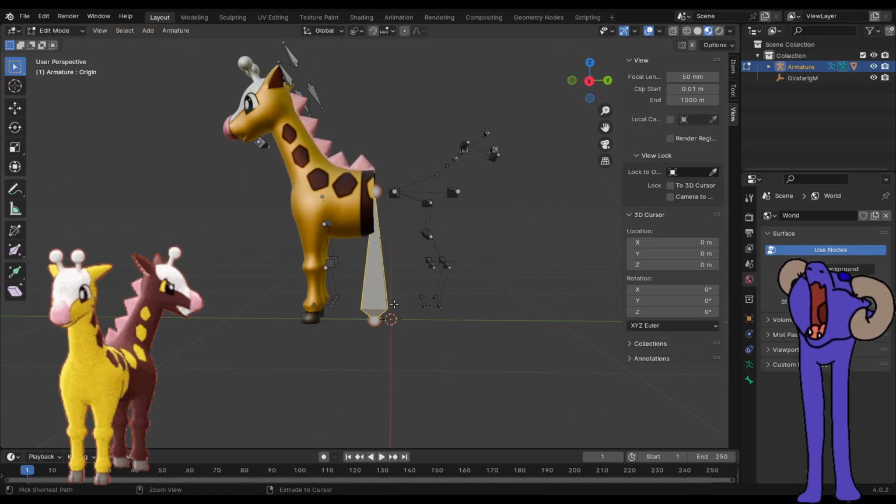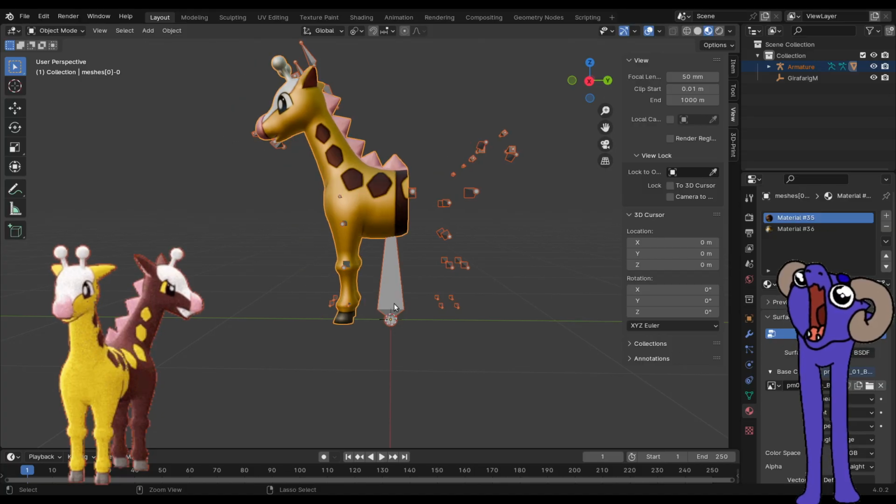I think. Wait, were these bones better lined up beforehand? Let me quickly double check. They were.